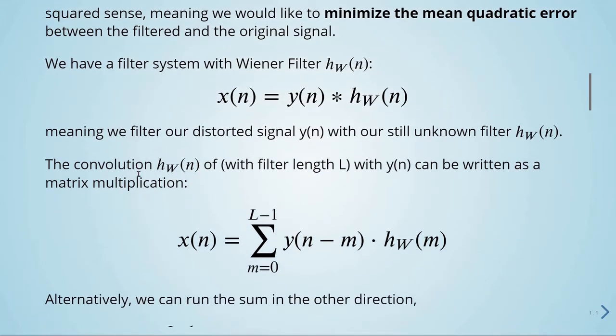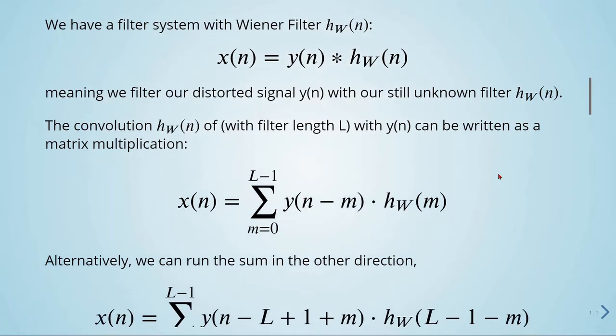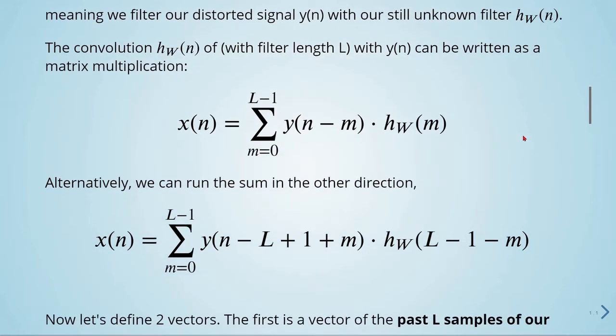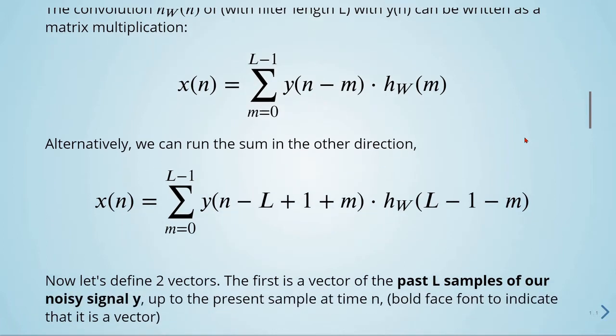The convolution of h_w of n, with filter length L, with y of n can be written as a matrix multiplication. Alternatively, we can run the sum in the other direction, which is a property of convolutions.